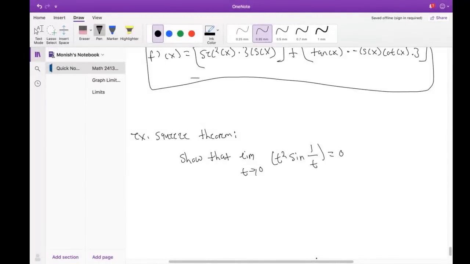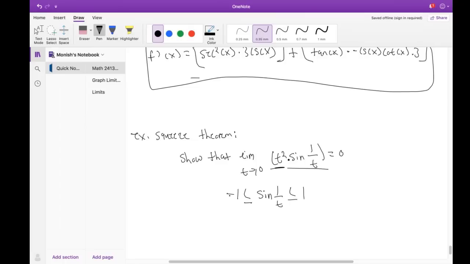So basically, if I just looked at this part, I could say that -1 is less than or equal to this sine function, and that's less than or equal to 1. That's my range for sine. I also have this t squared multiplied by the sine function.